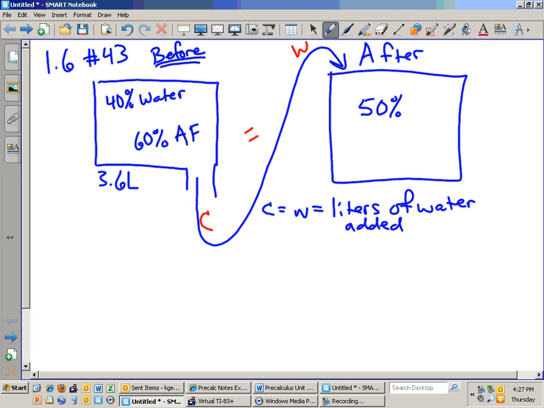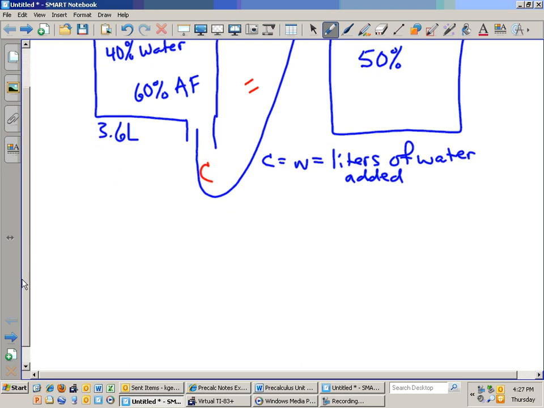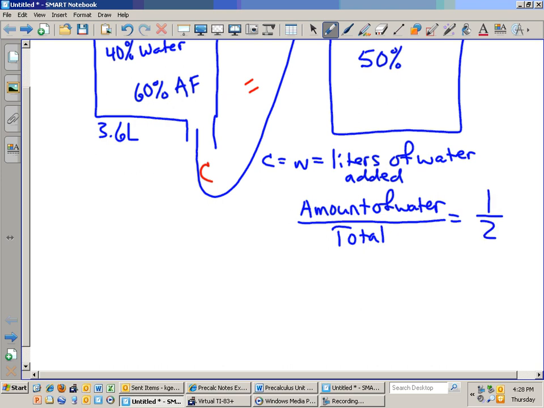Well, if we want a 50% ratio of water, that means that the amount of water divided by the total amount in the radiator is going to equal 50%, or 1/2.